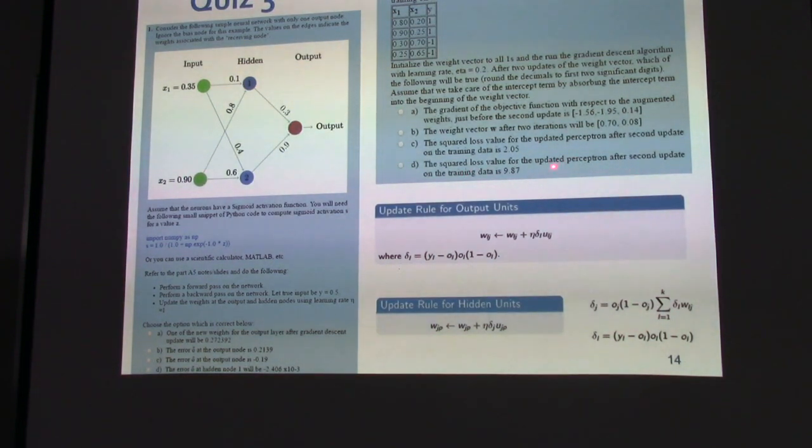Sometimes it will ask you to calculate the loss value after a certain update. Because you need to do two iterations, you have the results for each iteration. So when you calculate the square loss for the second update, you need to use the results of the first iteration and the updated weights to do the feed forward process.